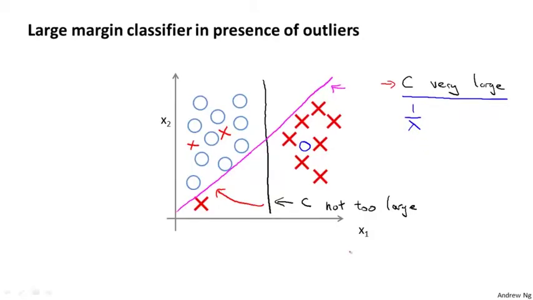But in practice, when applying support vector machines, when C is not very, very large like that, it can do a better job ignoring a few outliers like here, and it'll also do reasonable things even if your data is not linearly separable. When we talk about bias and variance in the context of support vector machines, which we'll do a little bit later, hopefully all of these trade-offs involving the regularization parameter will become clearer at that time.